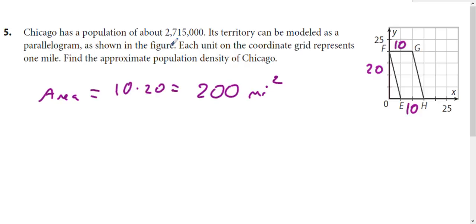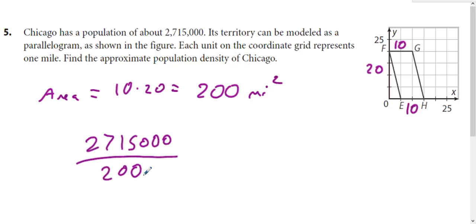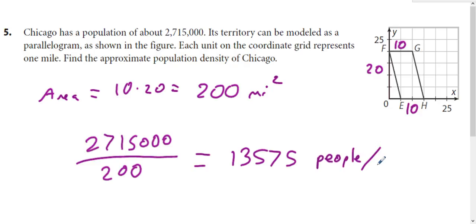And it has a population of 2,715,000. So the population density is people over area, 13,575 people per square mile.